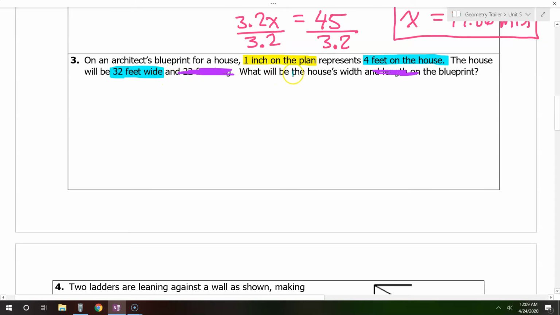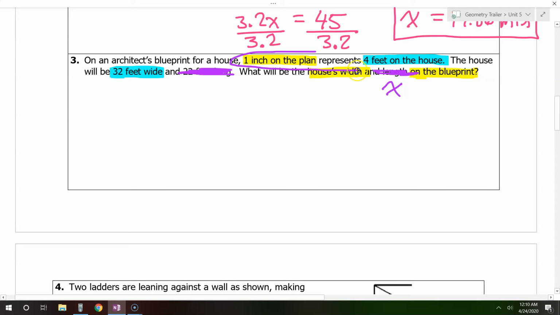Now, what will be the house's width on the blueprint? That's what we're looking for, so we're just going to call that X. Let's do new over old equals new over old.